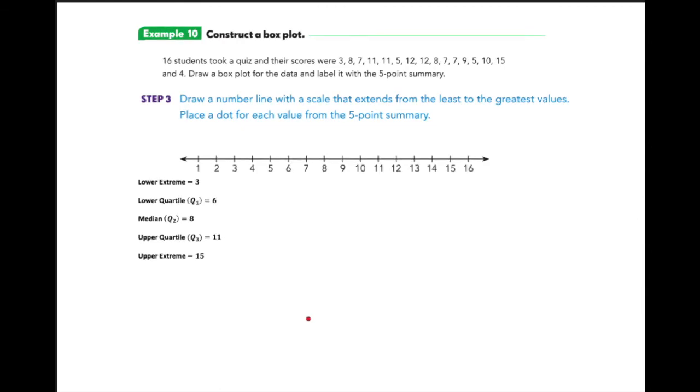And then we're going to place a dot for each value from the 5-point summary. So we put one above 3, 6, 8, 11, and 15 for our 5-point summary.